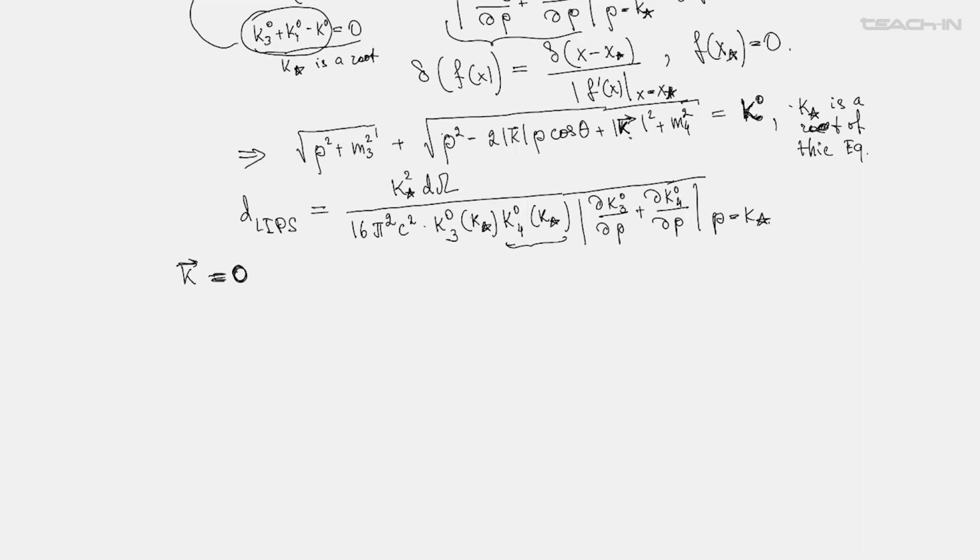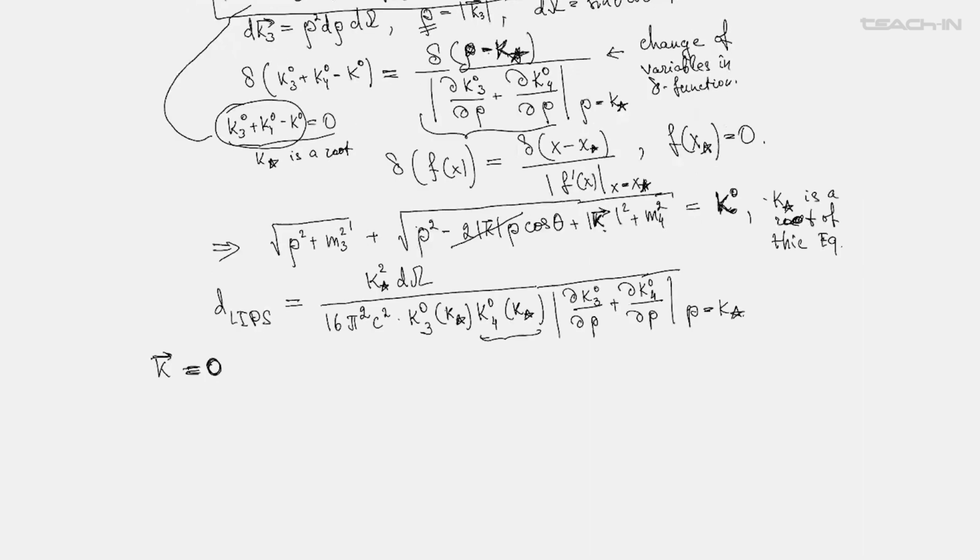Why is this convenient? Because this term in this equation, in this frame, just disappeared. You don't have it. And then you see that if you take dk03 over d rho plus dk04 over d rho, so what is k03?